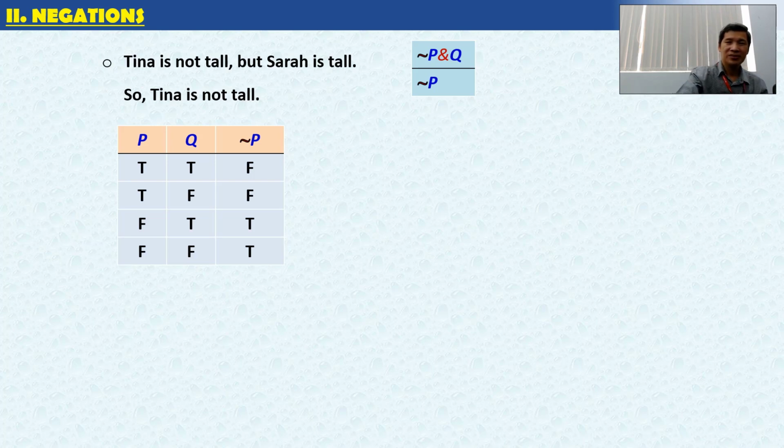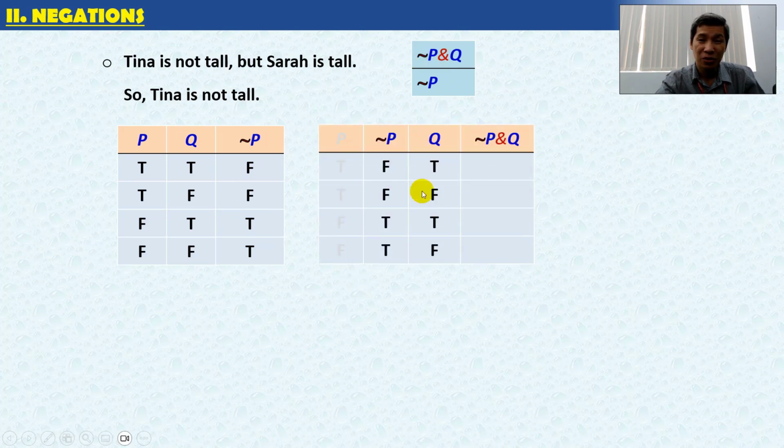Be very careful. Now we have here P, Q, and not P. Now we need the conjunction not P and Q, right? Look at line number 3, a conjunction is true when both of the claims are true. Then we have false, false, true, false.